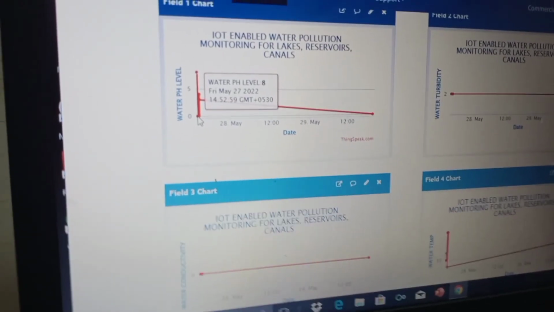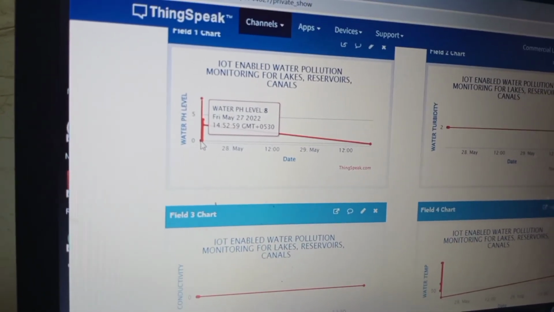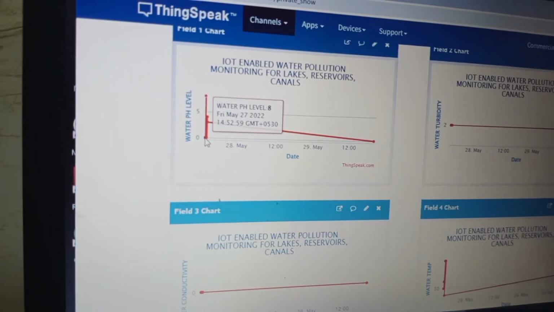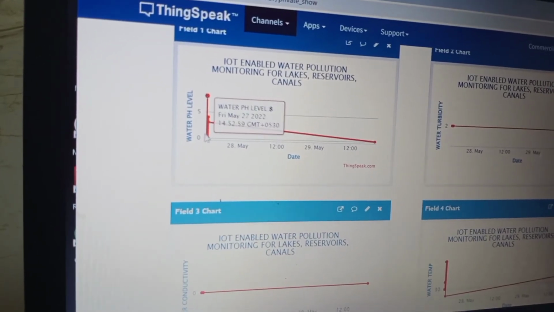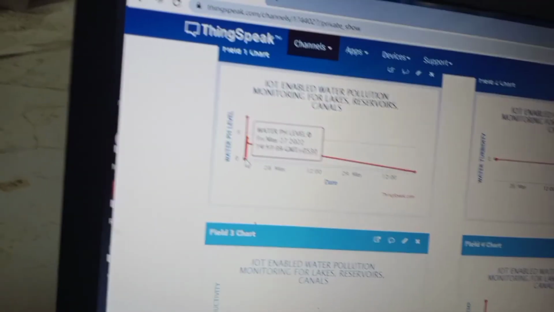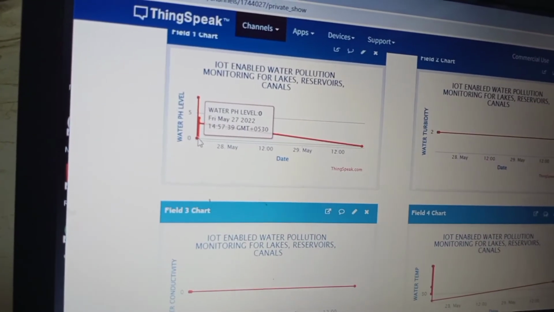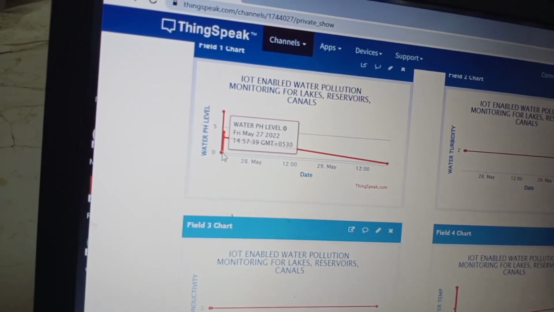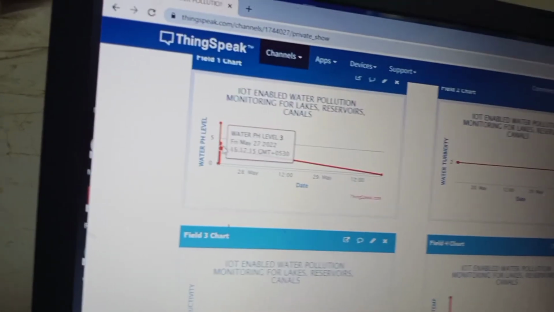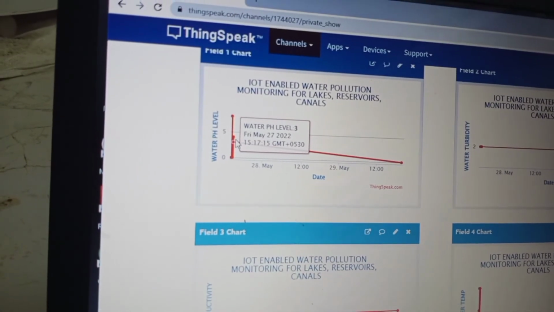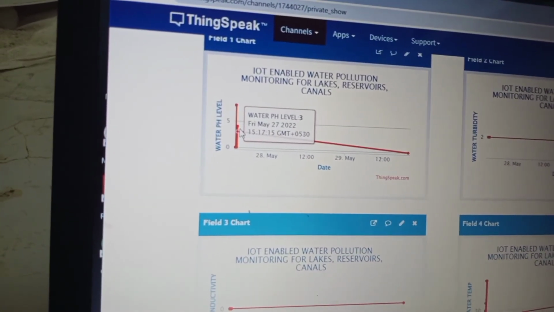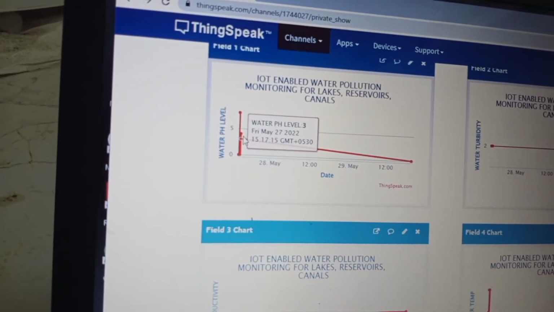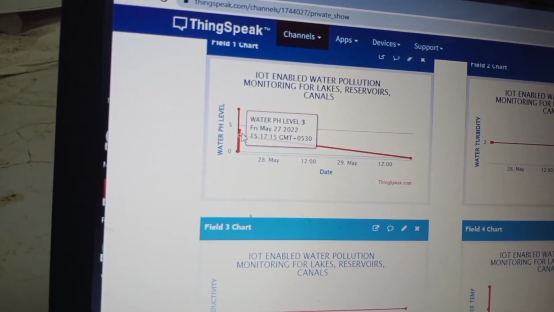Water pH from 0 to 6 is acidic, 7 is neutral, and 8 to 14 is alkaline water. It shows the water pH is 0. It means the water is acidic. It shows the water pH level is 3, that means the water is acidic.